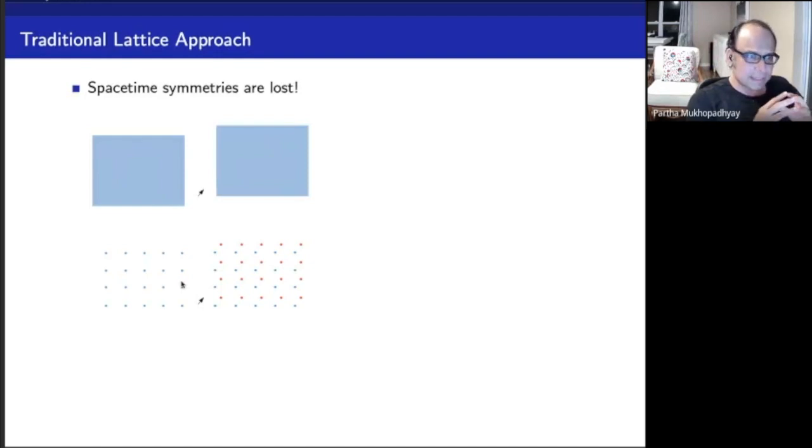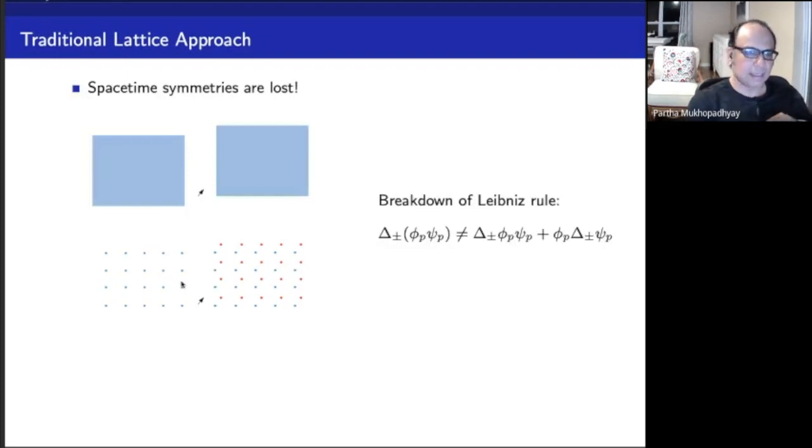Now, this is related, in some sense, to the breakdown of the Leibniz rule for the difference operators. I cannot go into those detailed discussions. If you take delta plus minus, you can act on a product of two fields, and you can show that they are not equal to this. The delta plus minus don't distribute in this fashion.